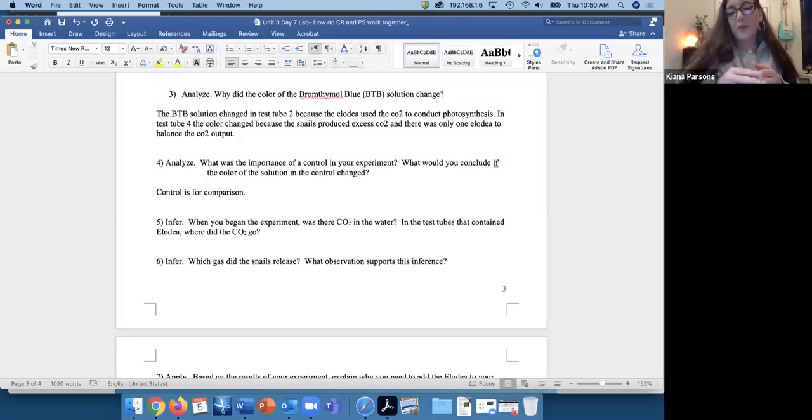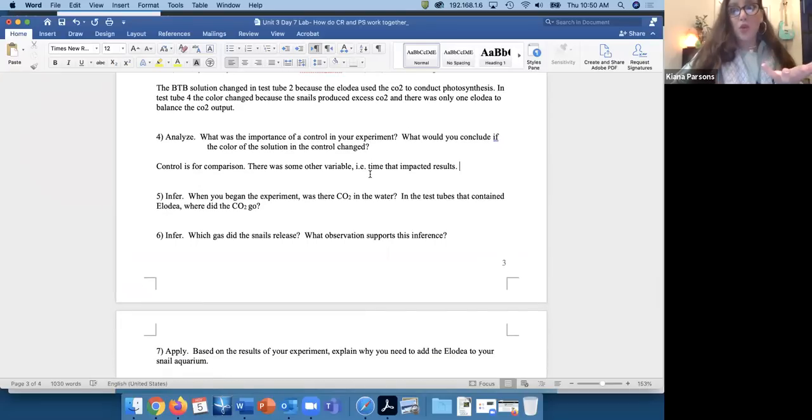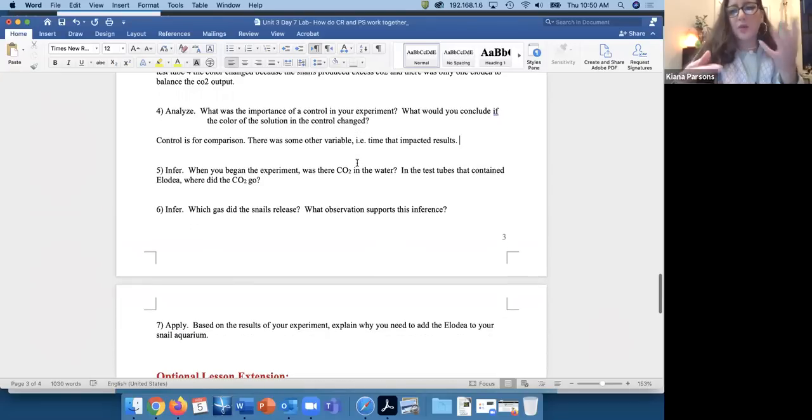So time is a variable that you have to be mindful of. Yeah, that there was some other variable, or that under normal conditions it would change over time, which again would mean there's some other variable.